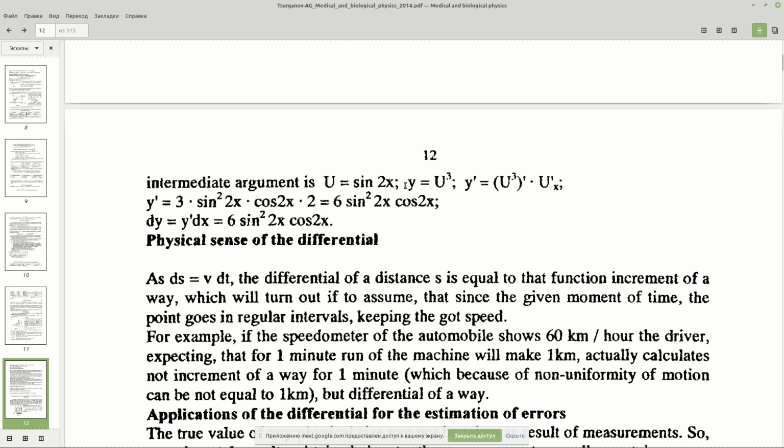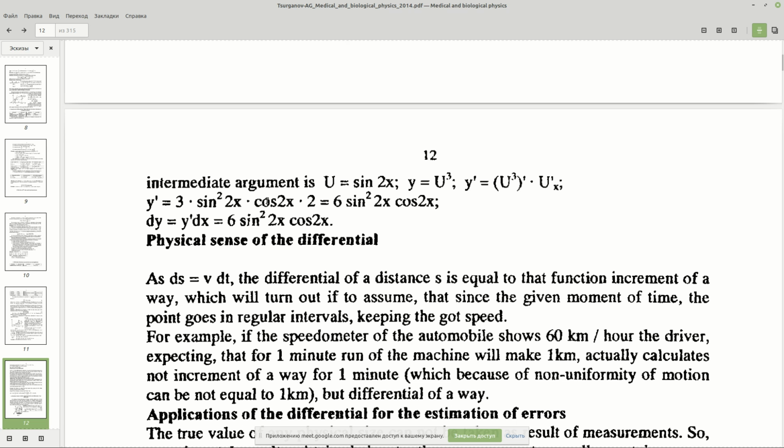So the result will be 6 sine squared 2x multiplied by cosine of 2x. Yes, and the differential will be y prime multiplied by dx.